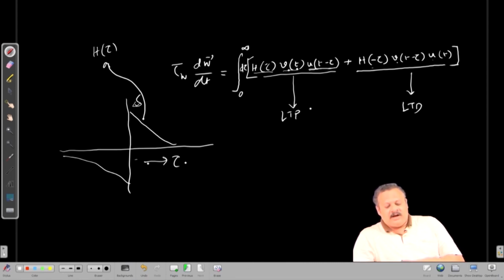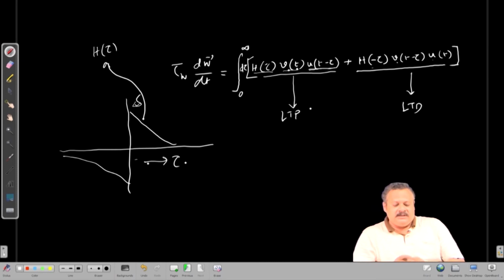With a variety of h taus, depending on how different neurons and synapses work, we can modify the use, or even the V's, based on observation, like we were talking about bursting activity and so on. We can have a general model for update of weights.